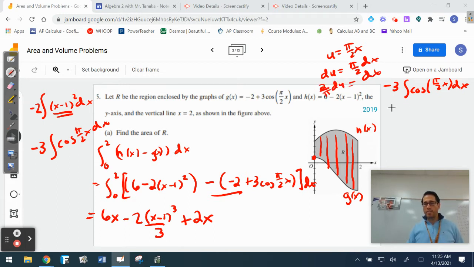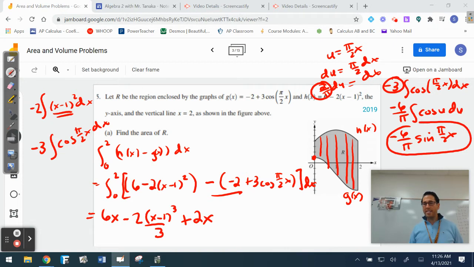And so if I were to simplify this, it would be actually negative 6 over pi, when I bring that out with the 3. And then it'd be the integral of cosine u du. And the antiderivative of cosine u would be sine u, with your u being pi over 2x. So that is the correct antiderivative. Now, remember, I already took care of this negative and this 3, so that would be 100% accurate there.